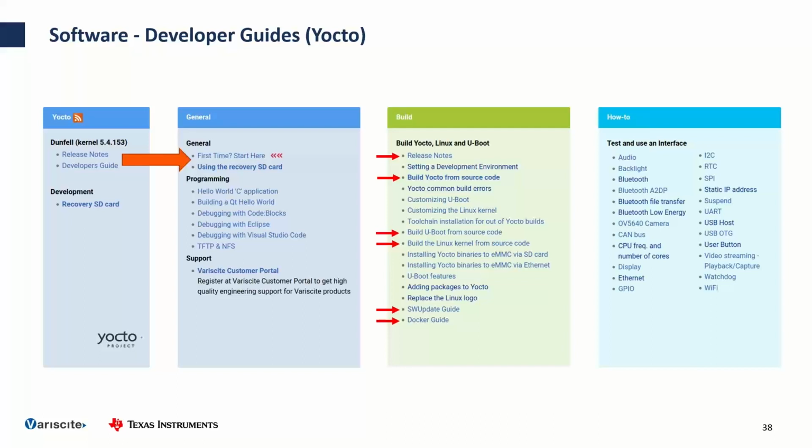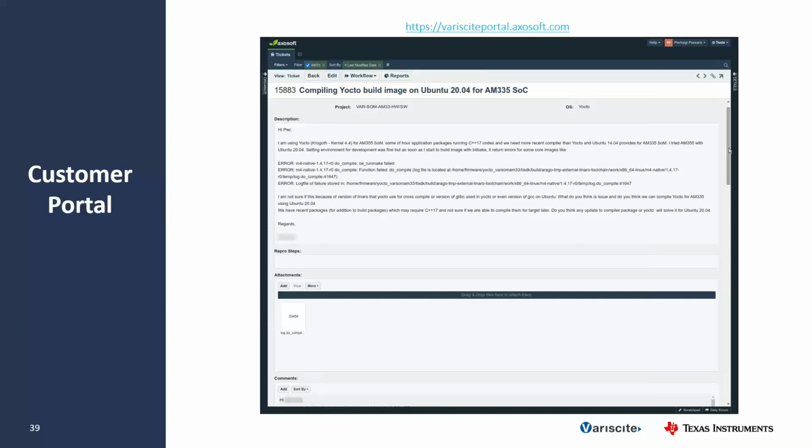Let me spend a few words about the customer portal. Basically, this is how it appears. We decided to use a customer portal and not the public forum to protect customer privacy, because sometimes it's not easy for a customer to talk about his problem without releasing sensitive information about the project. That's why we moved away from the forum.